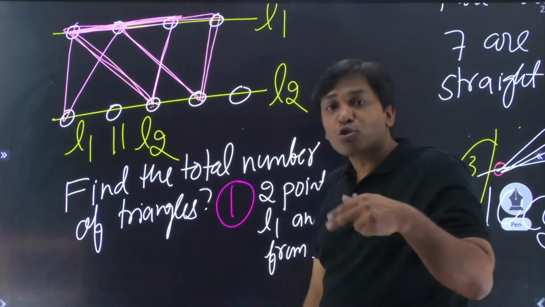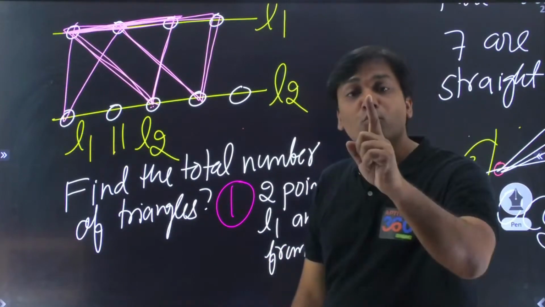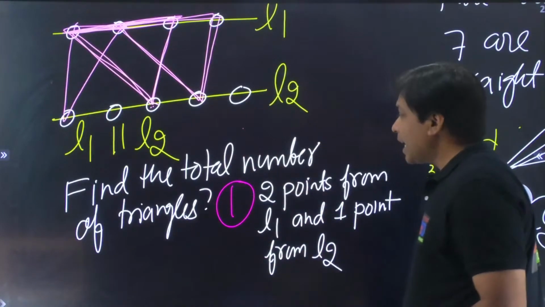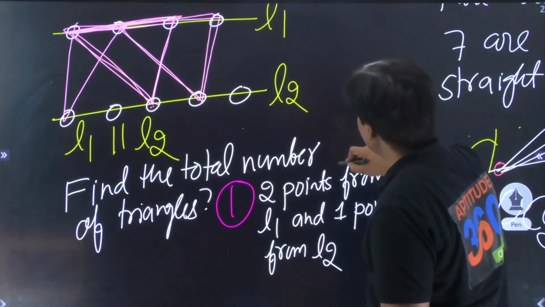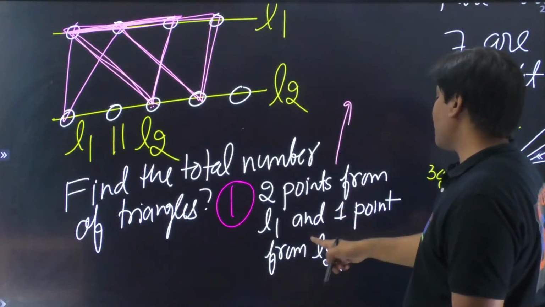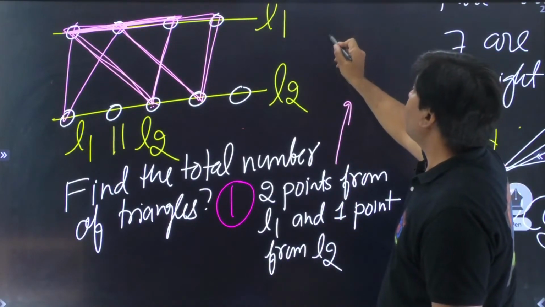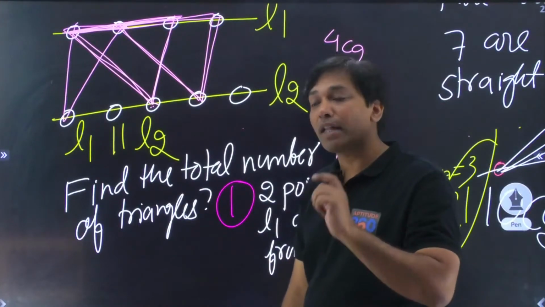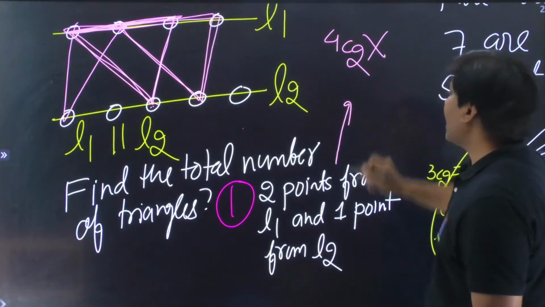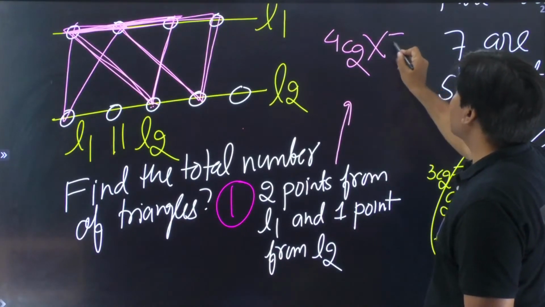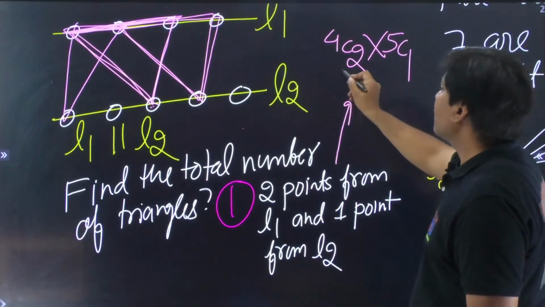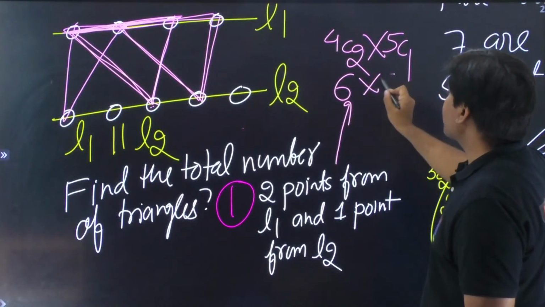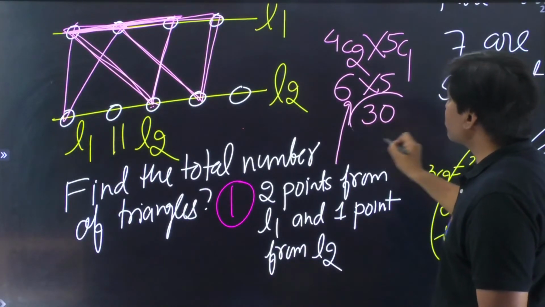So if I choose 2 points from L1 and 1 point from L2, will I be having triangles? Yes, but in how many ways you can do that? 2 points from L1, so this is 4C2, 2 points from L1 and 1 point from L2, so 5C1. If you simplify, this is 6 and this is 5. So there will be 30 such triangles.